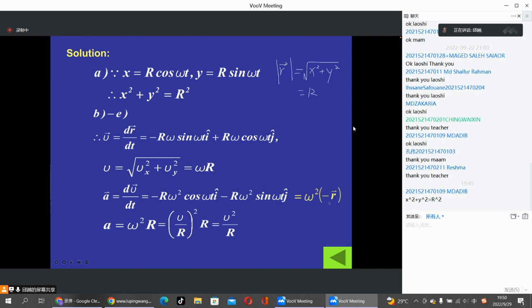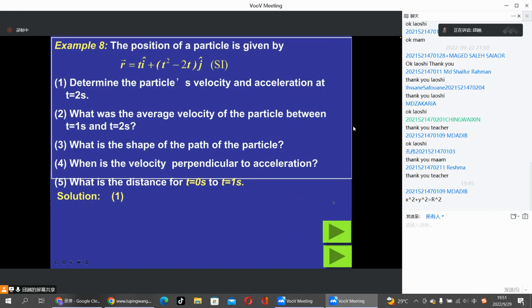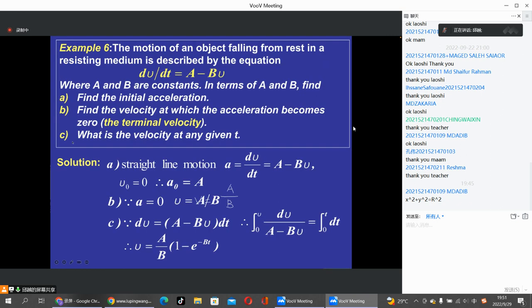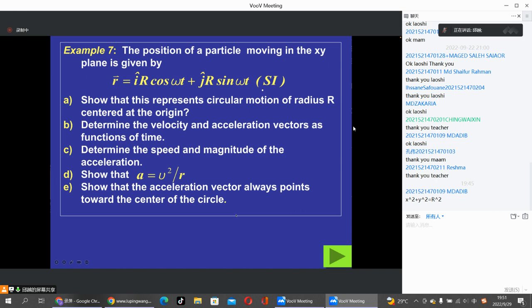It seems they are linear, right? The direction of acceleration is always the opposite direction of projection vector R. So problem E is solved. The acceleration vector always points towards the center of the circle, and the projection vector R always points towards the outside of the circle.